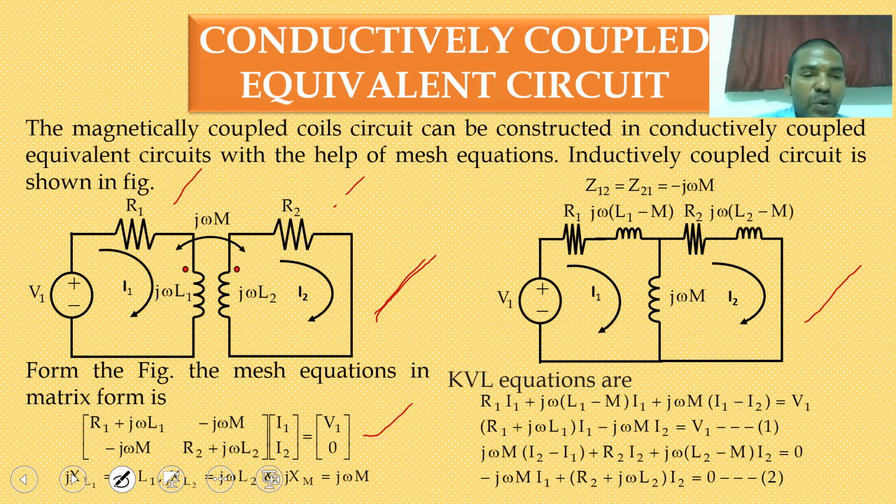The second loop is R2 plus j omega L2. So the diagonal elements are completed. Then the off-diagonal elements. Here the I2 current is leaving the dot and the I1 current is entering the dot, so the mutual inductance must be negative. That's why minus j omega M, and here also minus j omega M.